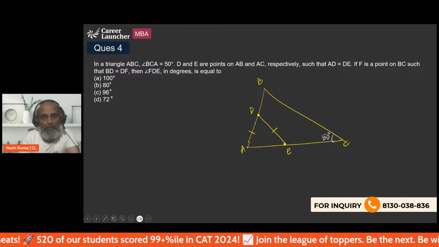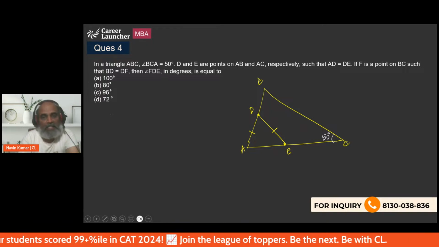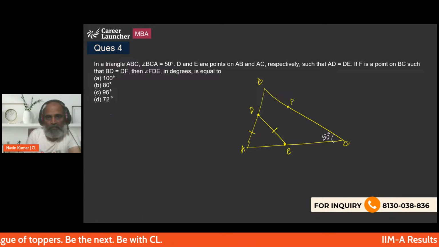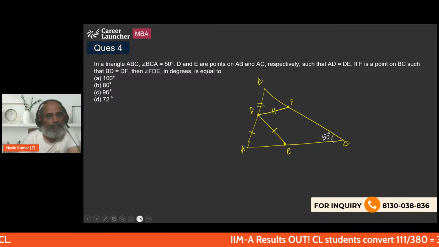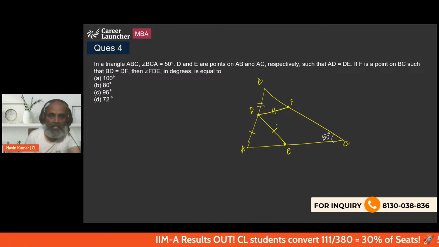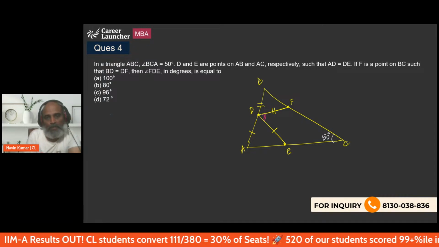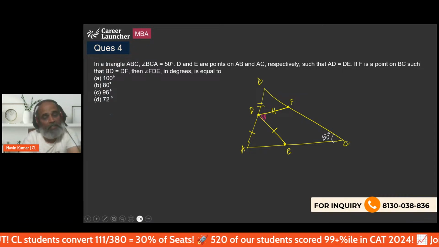Now, if F is a point on BC, such that BD is equal to DF. Then angle FDA is going to be how much? So we are asked, what is the angle we are supposed to see here?